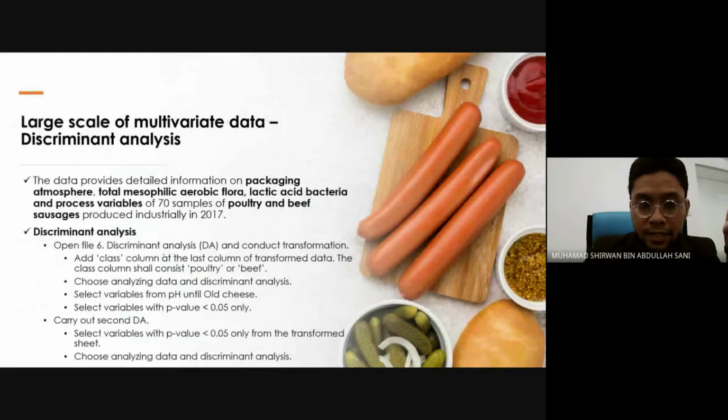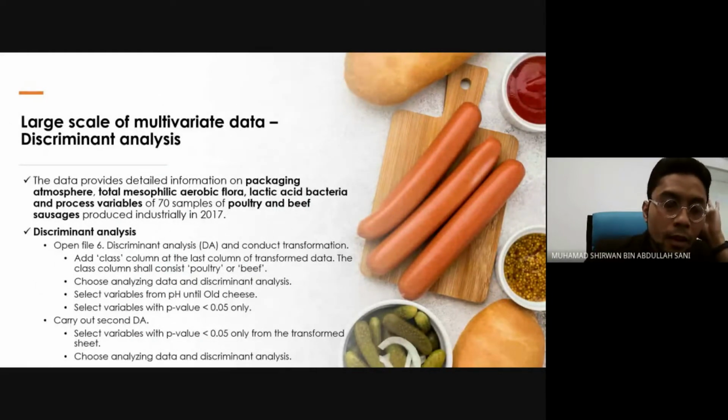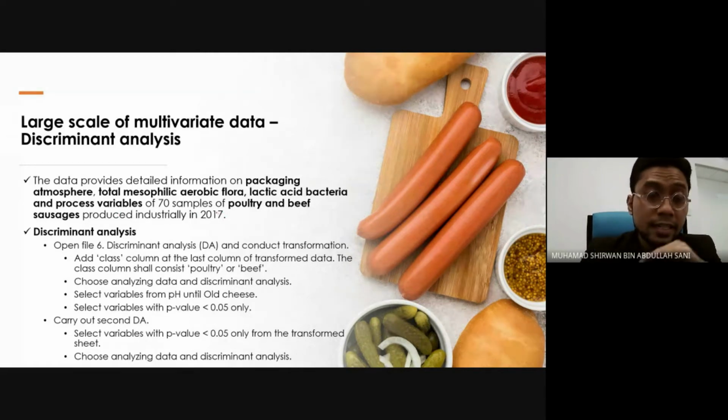The data provide detailed information on packing, atmosphere, total mesophilic aerobic flora, lactic acid bacteria, and process variables of 70 samples of poultry and beef sausage produced industrially in 2017. This is actually the data that we used for the treatment of missing data yesterday, but this time we want to explain a little more.